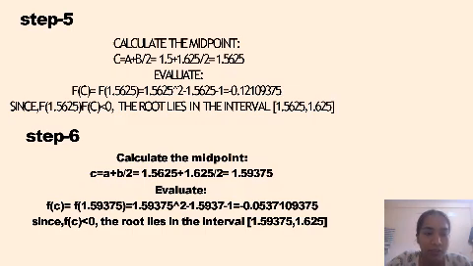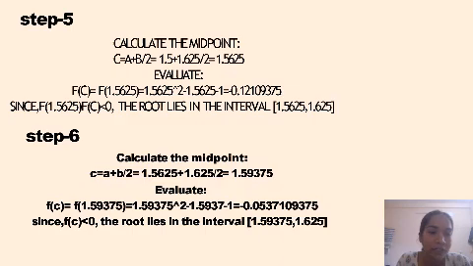Iteration 2, c = 1.75, that is 0.3125. The root lies between 1.5 and 1.75. Then iteration 3, c = 1.625, that is 0.0156. The root lies between 1.5 and 1.625.